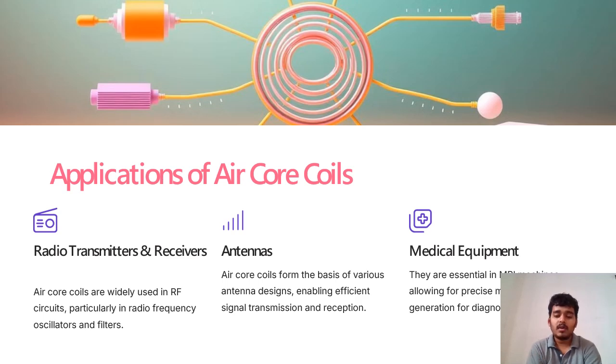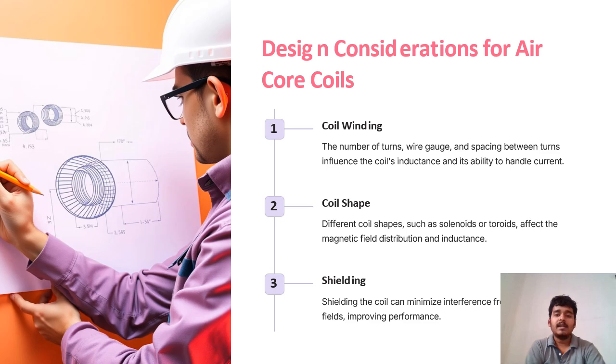And let us know now the design considerations for air core coils. The design considerations are coil winding, coil shape, and shielding. These are the three design considerations. Let us know one by one.